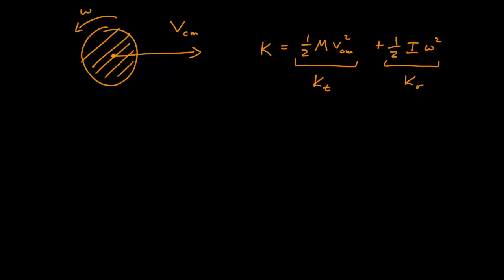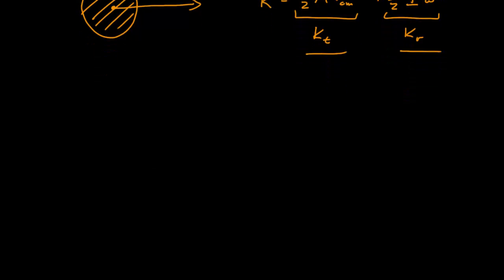So now if we have rotating objects that could also be moving, when we look at the kinetic energy, we have to take into account both types of kinetic energy. So let's do a quick example, just the simplest example.